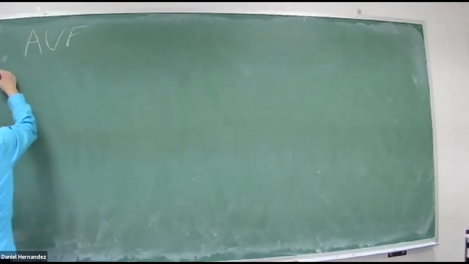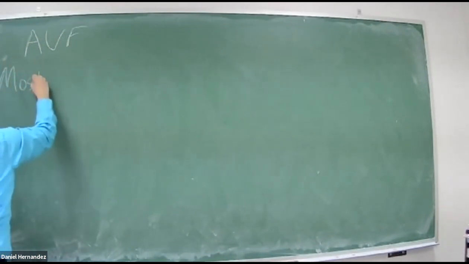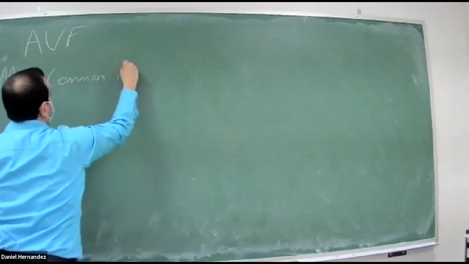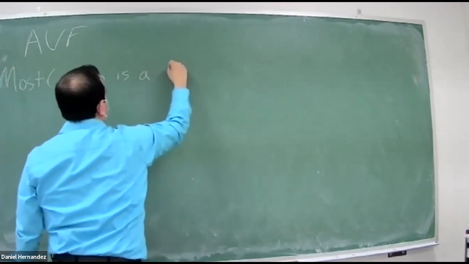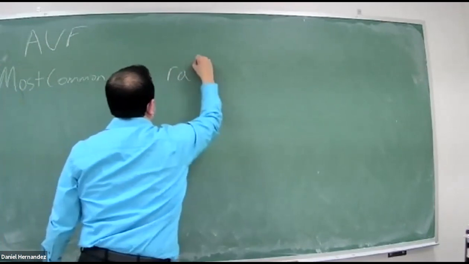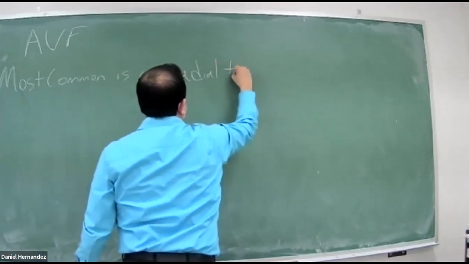These are arterial venous fistulas that we use for hemodialysis. Most common is a radial to cephalic.